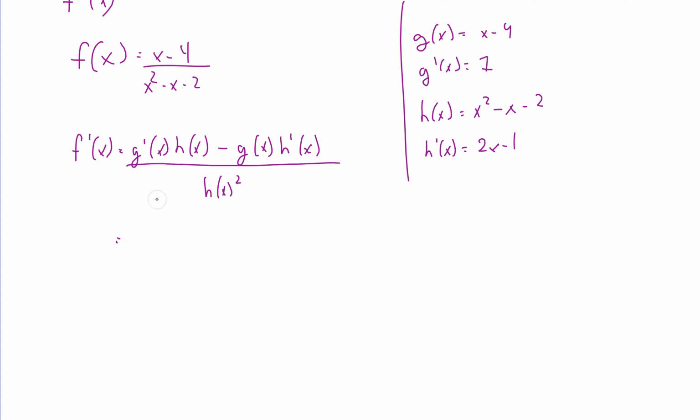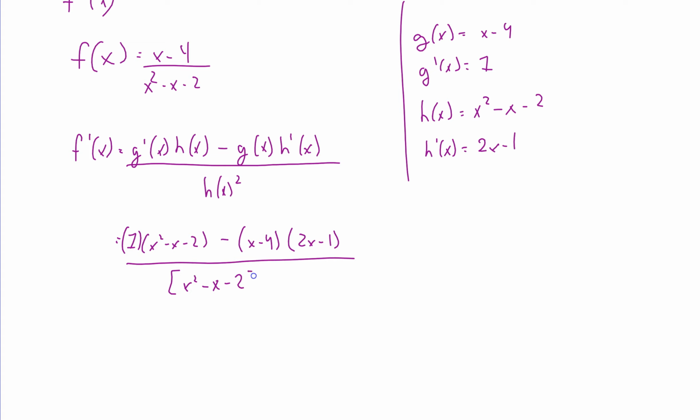So now that I have that, I can plug it into my formula. So I have 1 times x squared minus x minus 2, minus x minus 4 times 2x minus 1, divided by x squared minus x minus 2 squared.